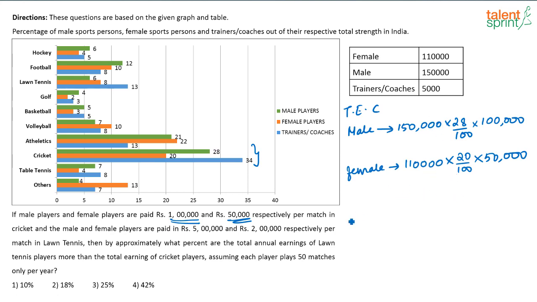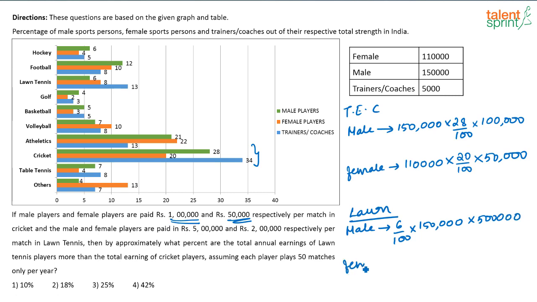Now find the total here, right? Similarly for lawn tennis, again this question is easy only, but the thing is again calculations are involved, right? Similarly, what will be the case for lawn? If you look at lawn, the number of male players will be 6 by 100 of 150,000, correct? And each person is getting how much? Each person is getting 5 lakhs, correct, per match.